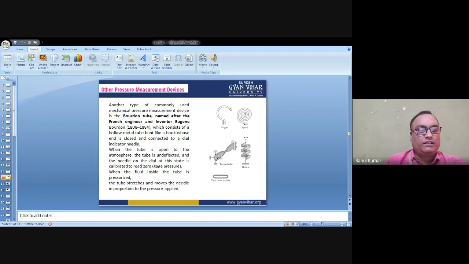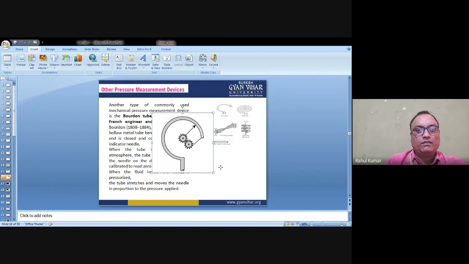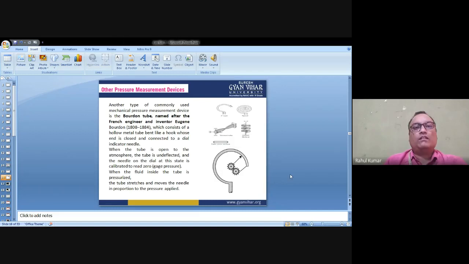Similar to this, I will give some image of this pressure gauge. Like this, this end is connected to this gear. If the tube contracts, this will show some deviation in the scale.